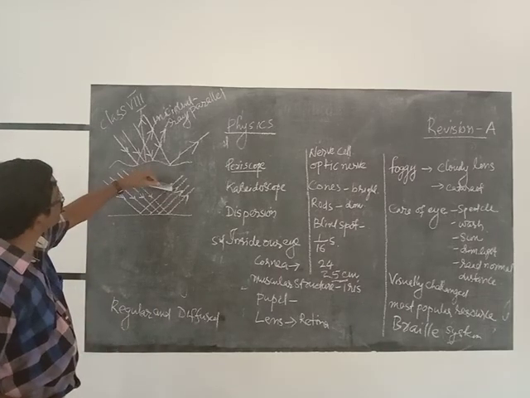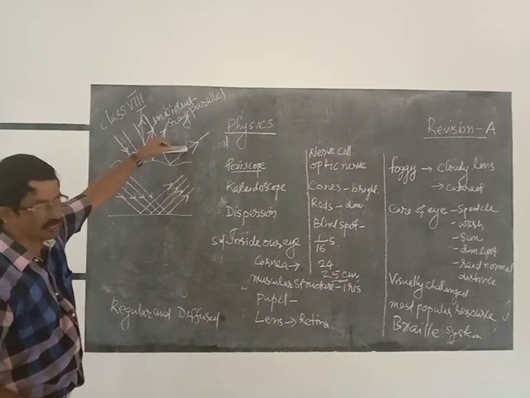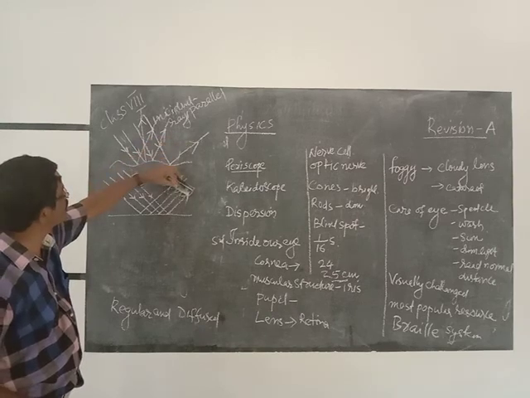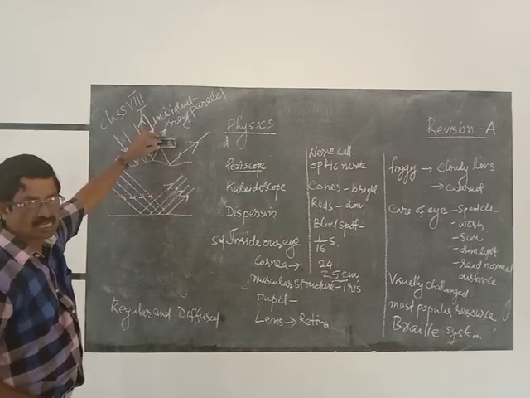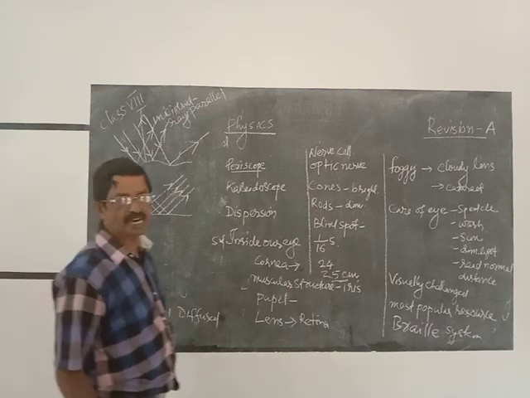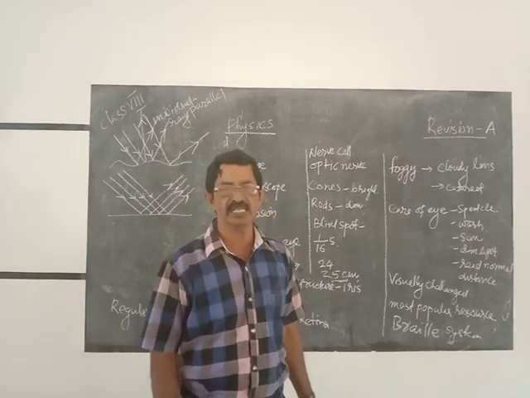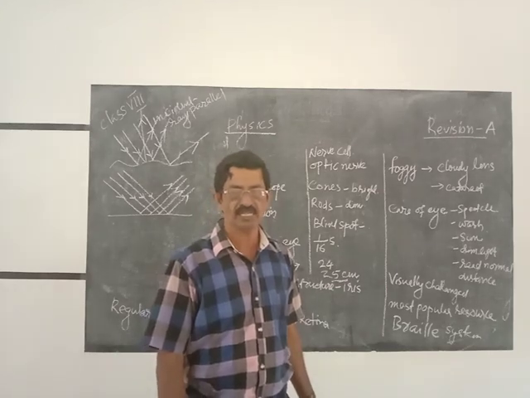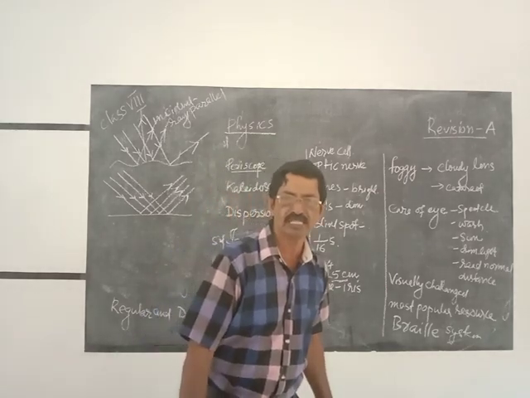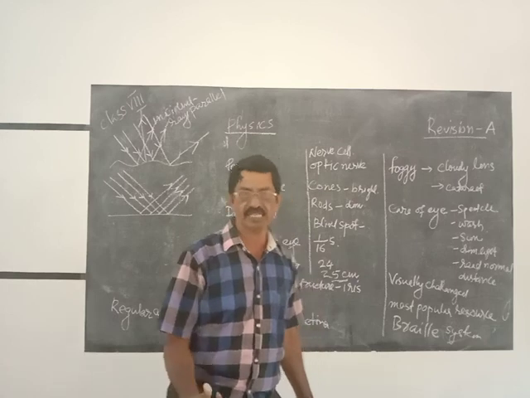Now, see, this is the reflected ray. This is also a reflected ray. Here the reflected ray is parallel, but here no. Now the question is, can reflected rays again reflect? Is it possible to reflect reflected rays again? Yes.